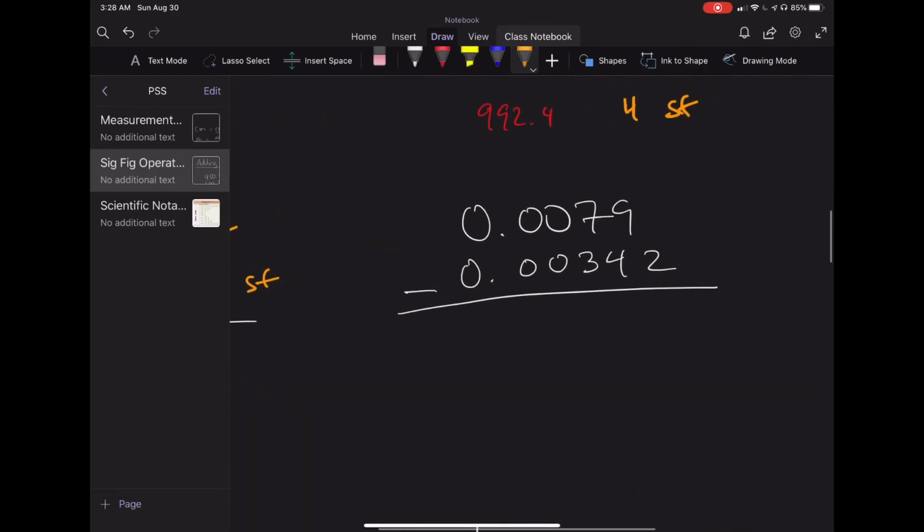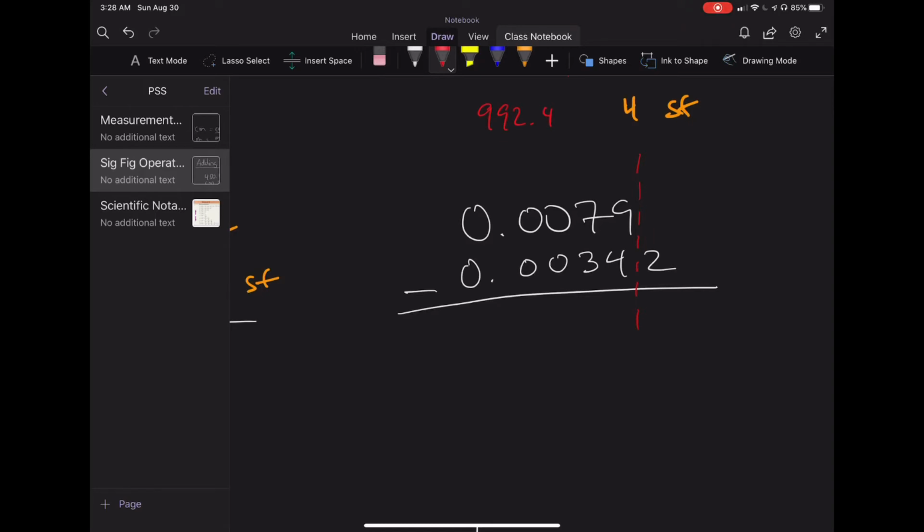Last example for adding and subtracting. 0.0079 minus 0.00342. So this first one has 4 places past the decimal, and the next one's 5 places. So this is where our dotted line is going to go. So calculator, 0.0079 minus 0.00342.